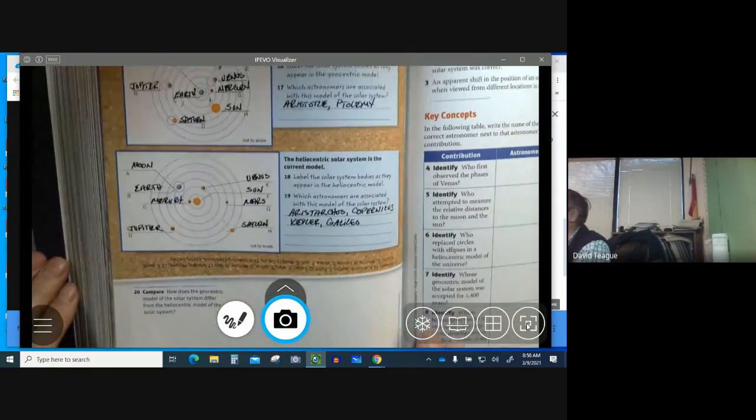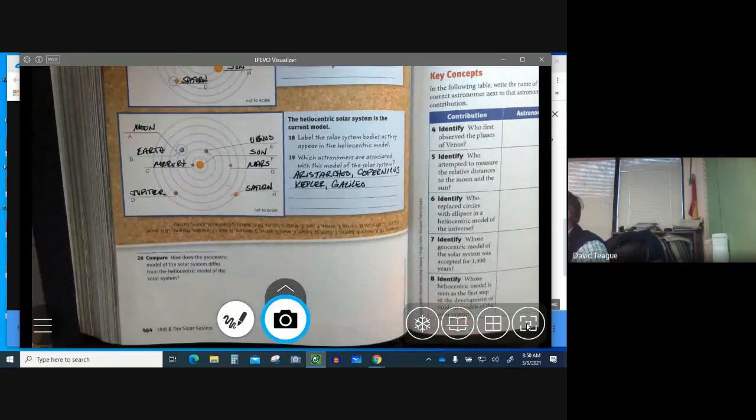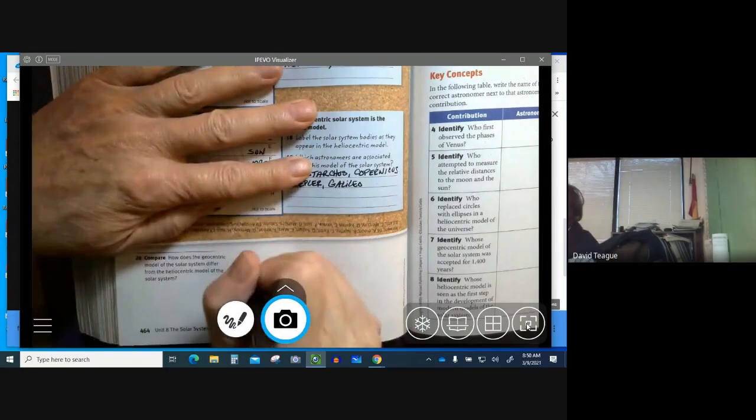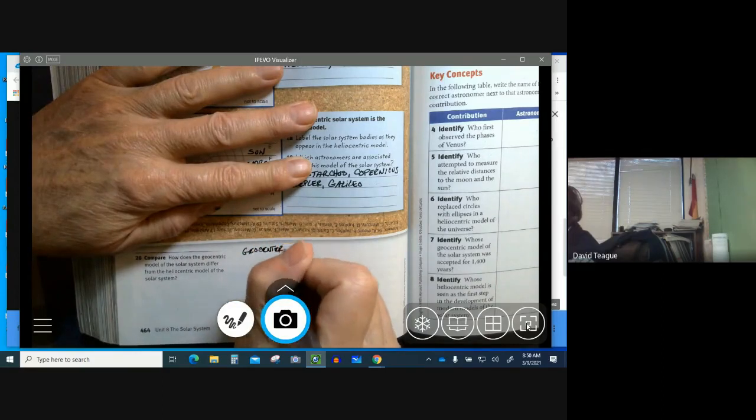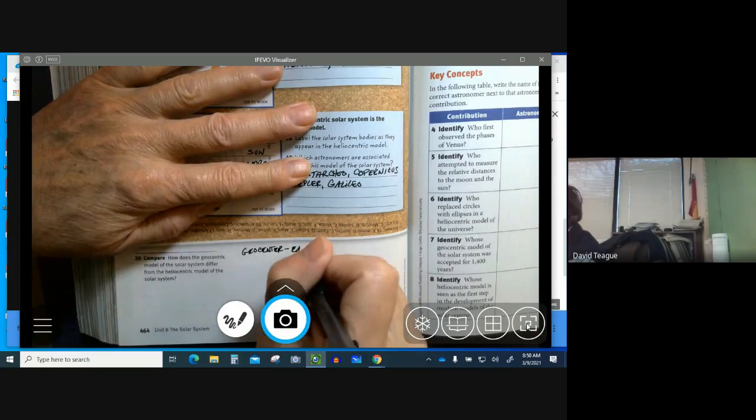Okay, number 20. It says, how does the geocentric model of the solar system differ from the heliocentric model of the solar system? Well, geocentric, we'll just keep it simple, but Earth is at the center.